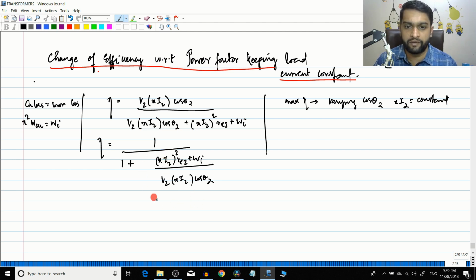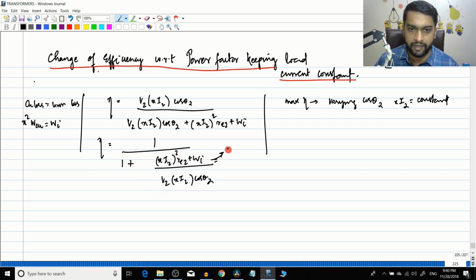If you see this equation, efficiency will be maximum clearly when this term is minimum. 1 divided by 1 plus a minimum term means the efficiency will be maximum. So when this term is less, you get higher efficiency.